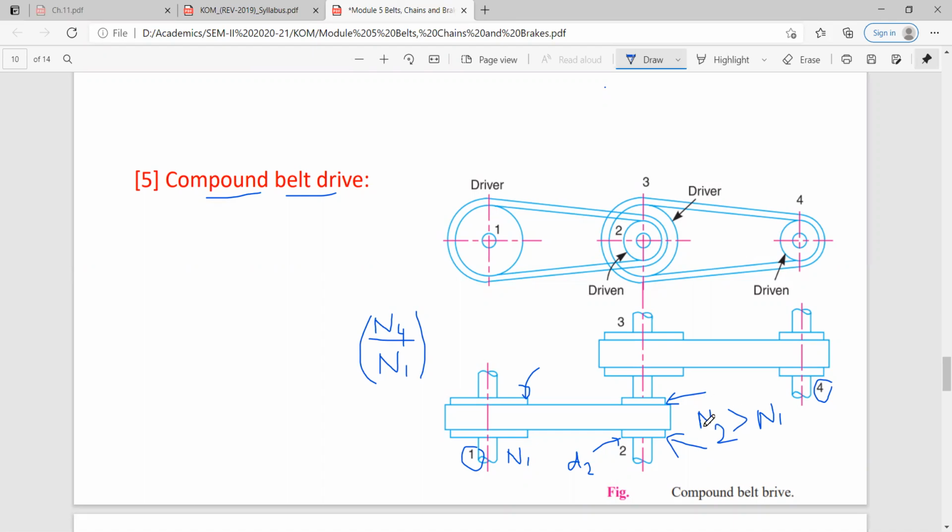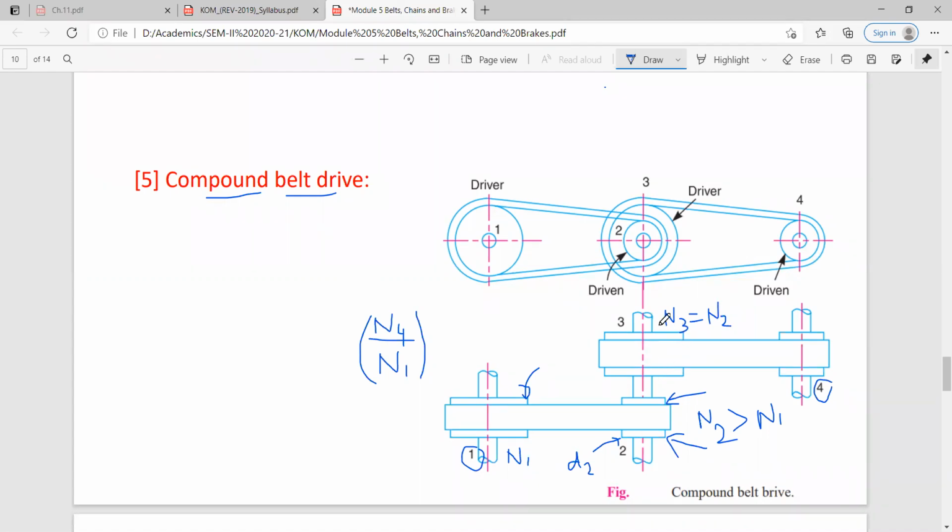Then you know that pulley 2 and pulley 3 both are mounted on the same shaft, so the RPM of the third pulley will be the same as the RPM of the second pulley, because both are mounted on the same shaft.